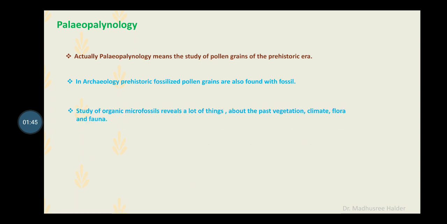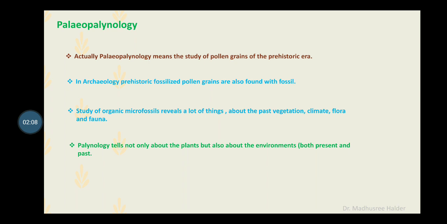Next, study of the organic microfossil reveals a lot of things about the past vegetation, the climate of the past, and the flora and fauna. Flora means the total plant vegetation, and fauna means the total animal population of that time.